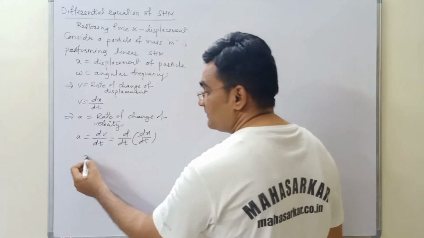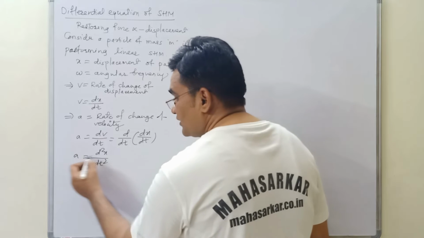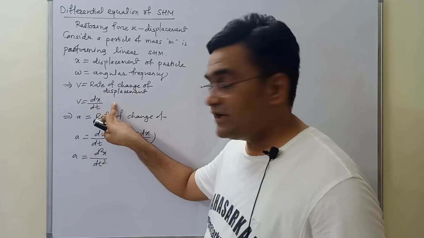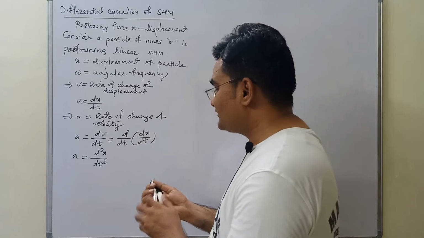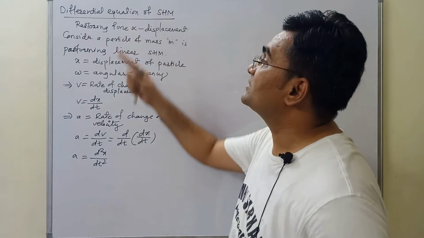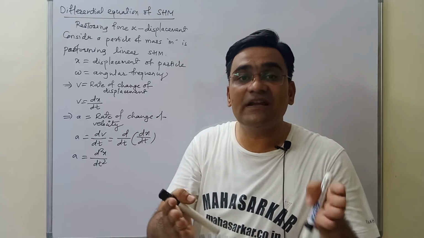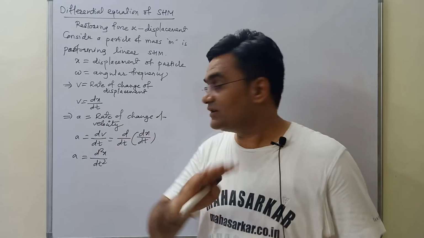Then it can be d square x upon dt square. a equal to what? d square x upon dt square. Write velocity as dx upon dt and acceleration as d square x upon dt square. So now let's start deriving the differential equation. A differential equation is an equation in terms of derivatives. We write that equation in terms of rate of change of one factor to another factor.